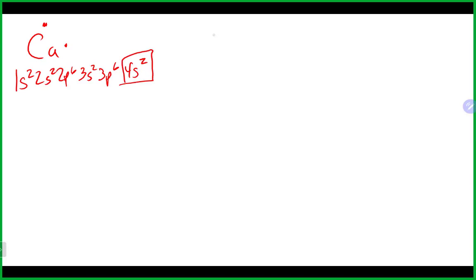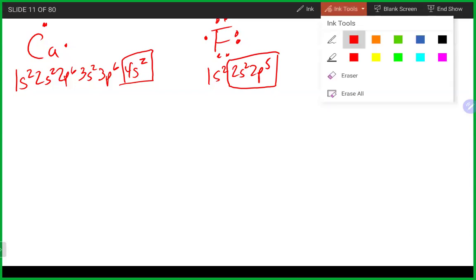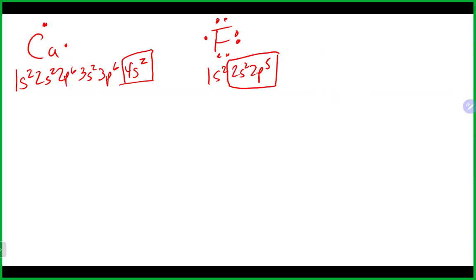Now let's put it together with fluorine that we used earlier, which has 7 valence electrons, and an electron configuration of 1s2, 2s2, 2p5, and that is the 7 valence electrons once again for fluorine. So what happens in this case is this calcium is going to want to give away its electrons. So it's going to send over an electron here to the fluorine.